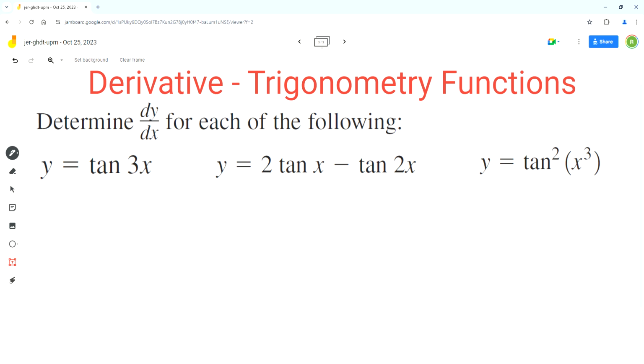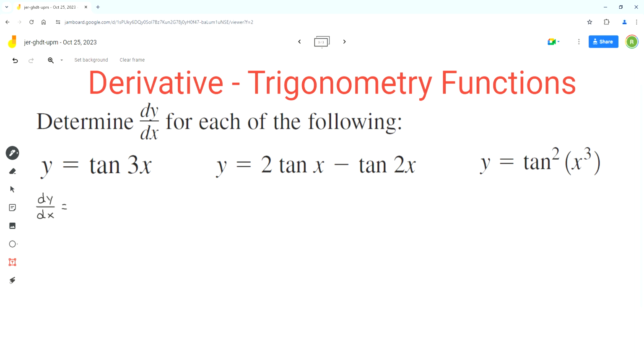So the dy over dx, or the derivative for this function, can be found using the chain rule, because this trig term tan 3x has an outer function tan and the inner function is 3x. So we'll start with the derivative of the outer function, and the derivative of tan is secant squared.